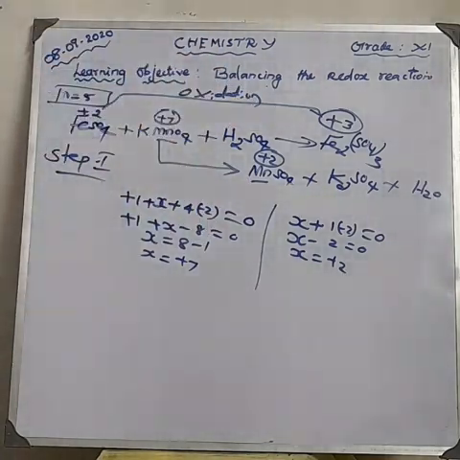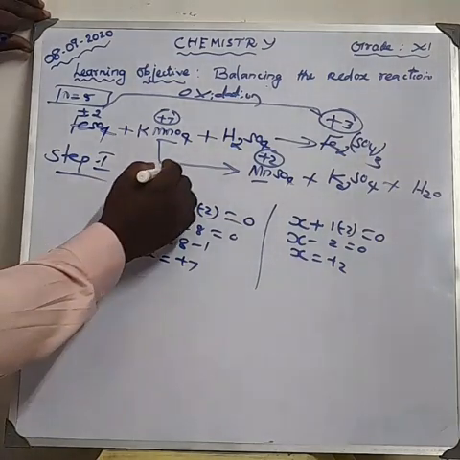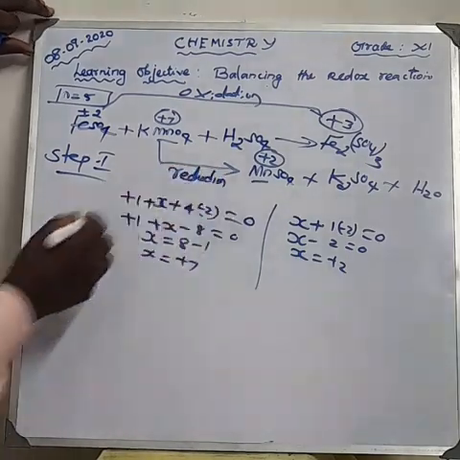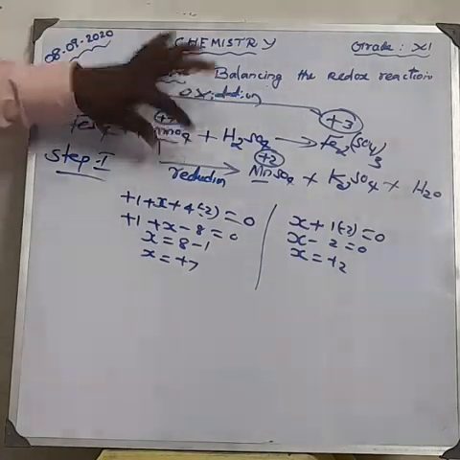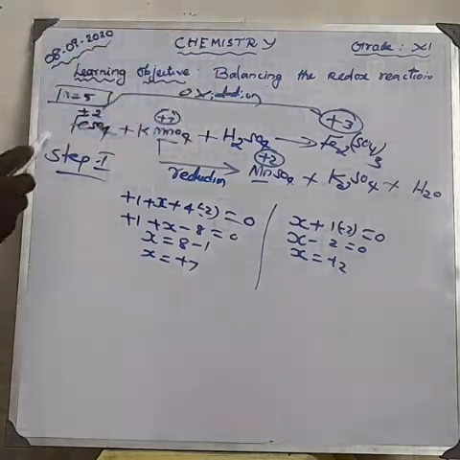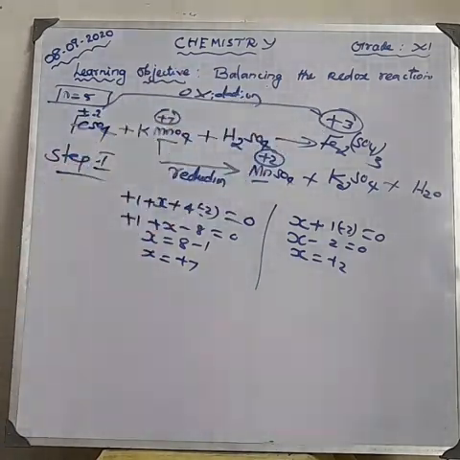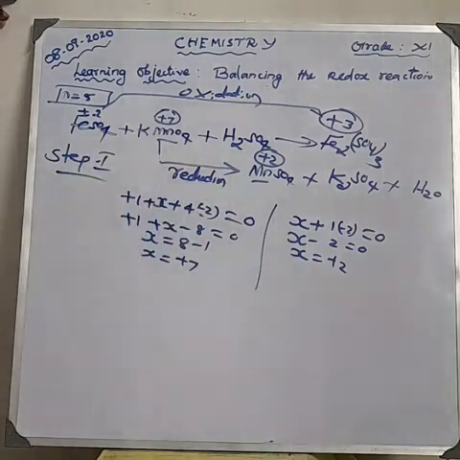Here it is decreasing, so it is called reduction. This is all we learned in the last video. One is called oxidation and the other is reduction. Oxidation means increasing, plus 2 to plus 3. Here, plus 7 to plus 2 is decreasing, so it is called reduction.